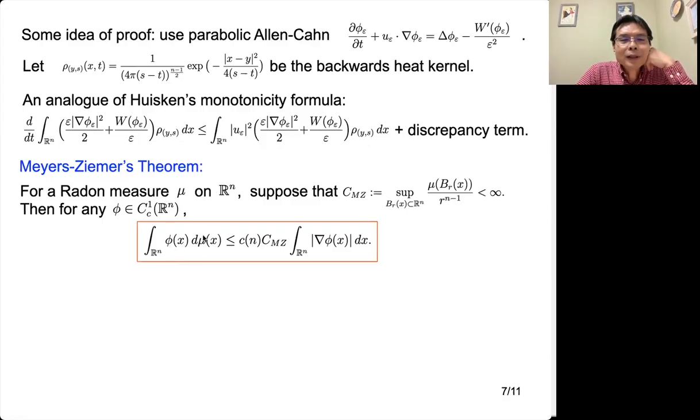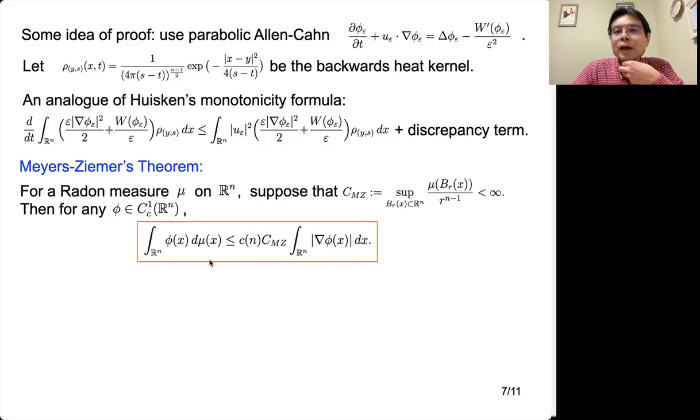The surface integral of this function phi, you can bound by this right hand side. This c is a dimension dependent constant, times this quantity C_m, times the BV norm, or the L1 norm of the gradient. Here, this is a surface integral, and that's an integral with respect to the Lebesgue measure.